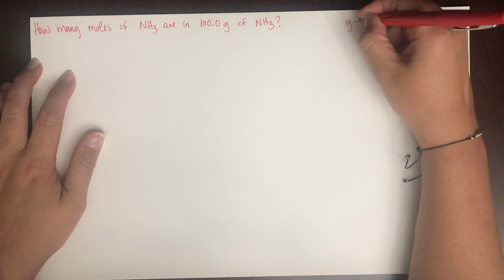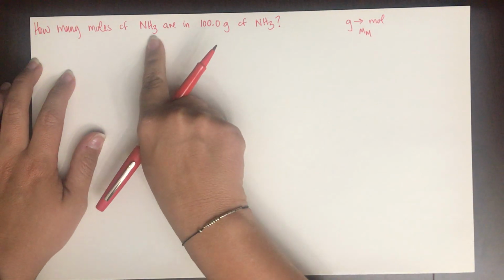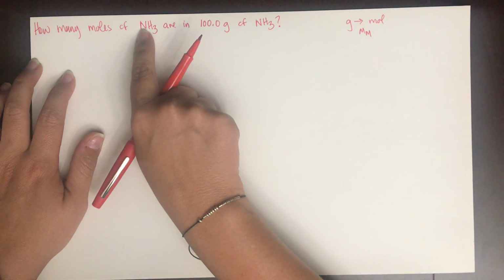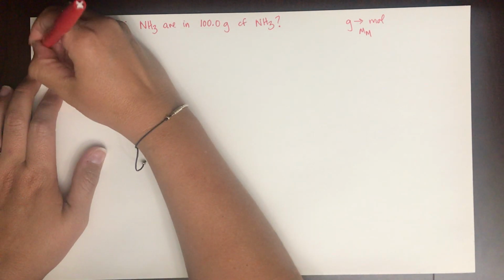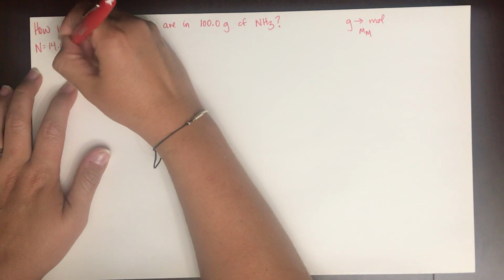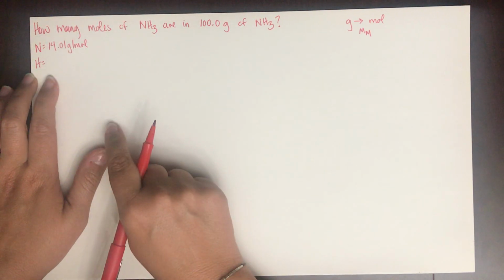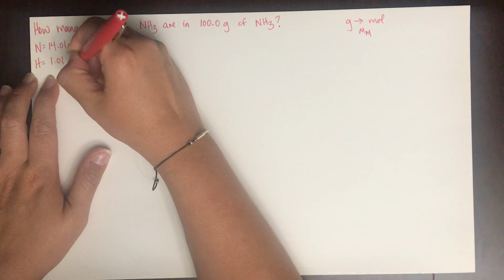So I know I go from grams to moles using the molar mass, but instead of having an element now I have a compound. So remember, the way that we determine the molar mass of a compound is by adding up the molar mass of all the elements in the compound. So first I have nitrogen, and that has a molar mass of about 14.01 grams per mole. And then I have hydrogen, I have 3 of them, which I'm going to say is about 1.01 grams per mole.